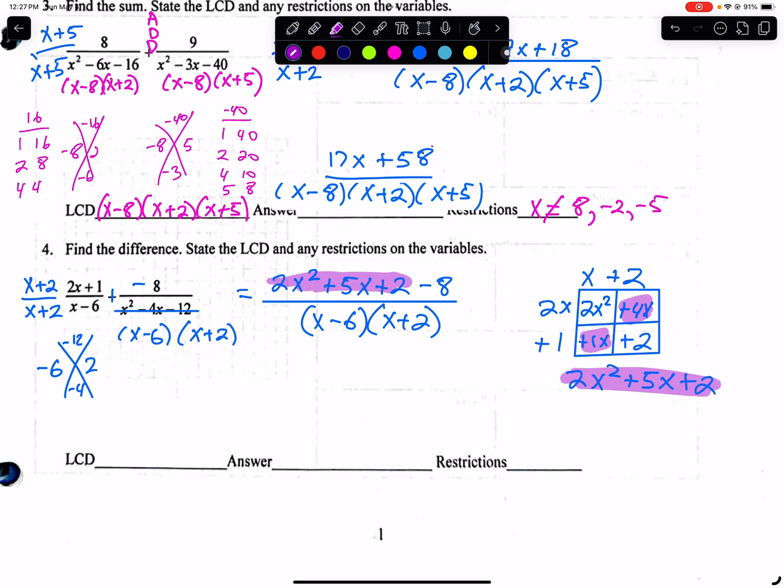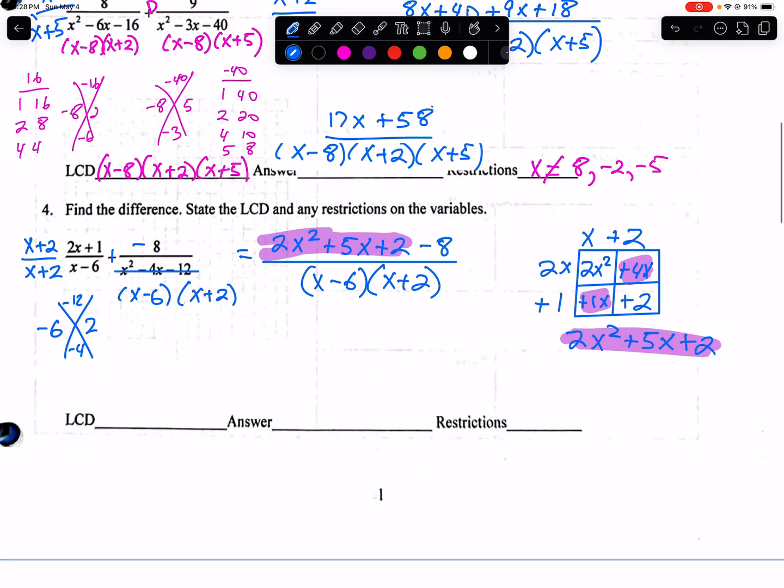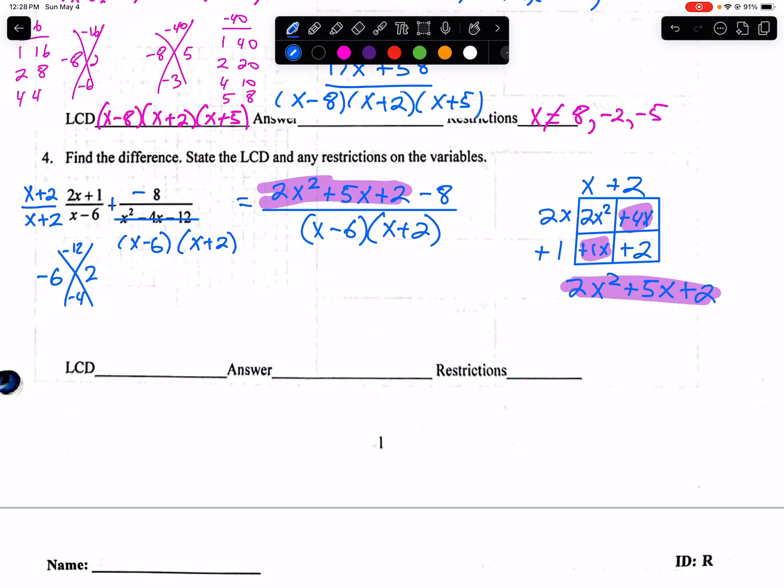Okay. Is it 2x squared plus 5x plus 2? Good. And then don't forget that minus 8. So just write minus 8 after, and then just write it on the answer because you're going to combine like terms right there, right? x squared plus 5x, 2 minus 8 is negative 6.